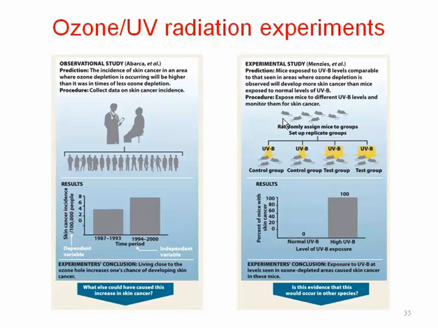So they divided the group up into test groups with a control, and then assigned those that were exposed to elevated UVB and those exposed to normal levels, and they found that 100% of the mice experienced skin cancers with that increased exposure.